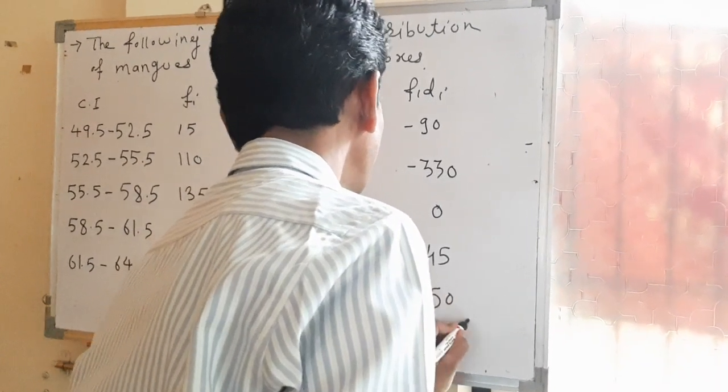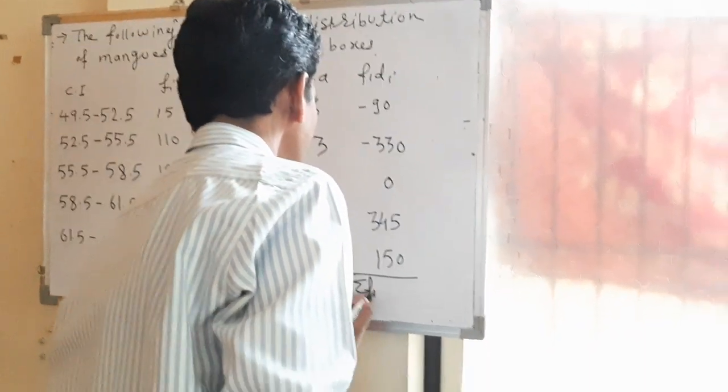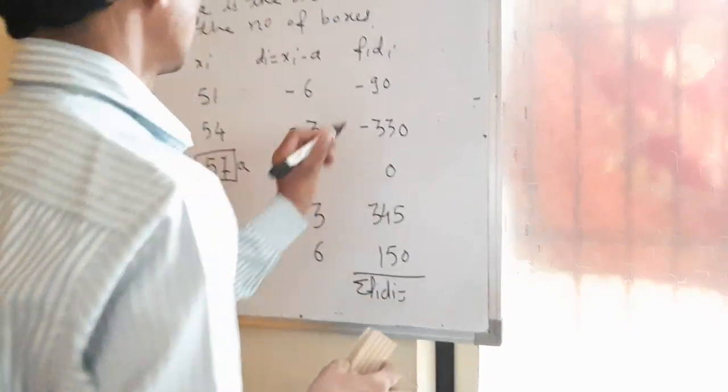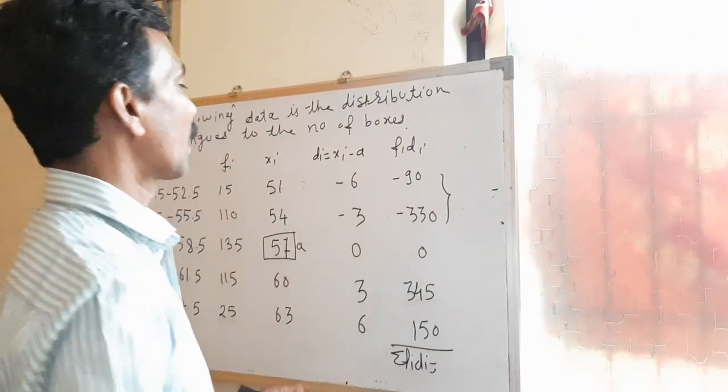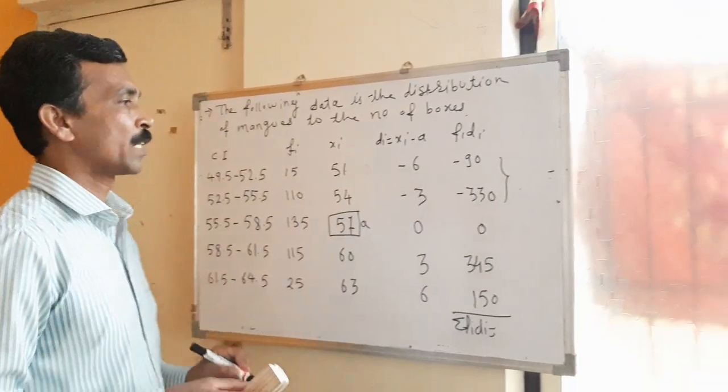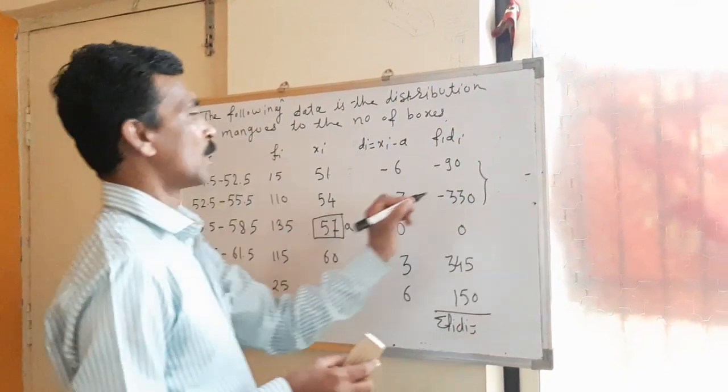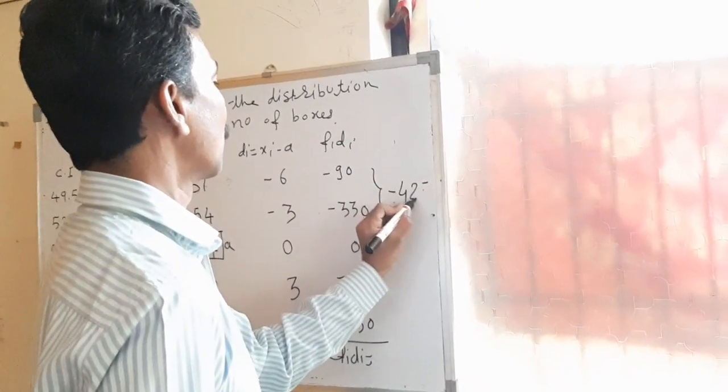Now I will find summation of Fi Di. First I'll add these two. Minus 90 minus 330 is equal to minus 420.